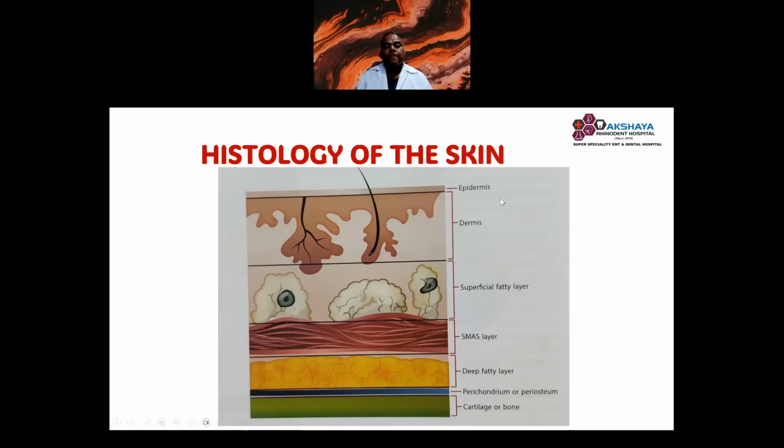So better not to injure these layers: epidermis, dermis, superficial fatty layer, and SMAS layer. SMAS layer is also important. Okay, so whatever vessels there are, they will be somewhere in this plane. The fatty layer, this you can resect. If the skin is thick, you can resect it and make the skin thin.